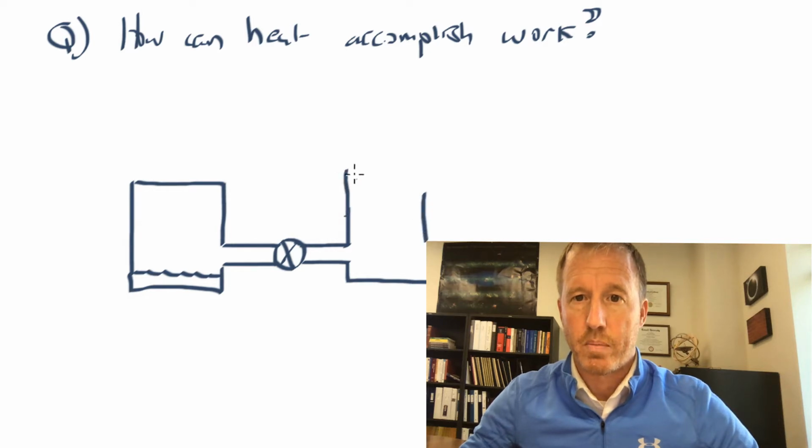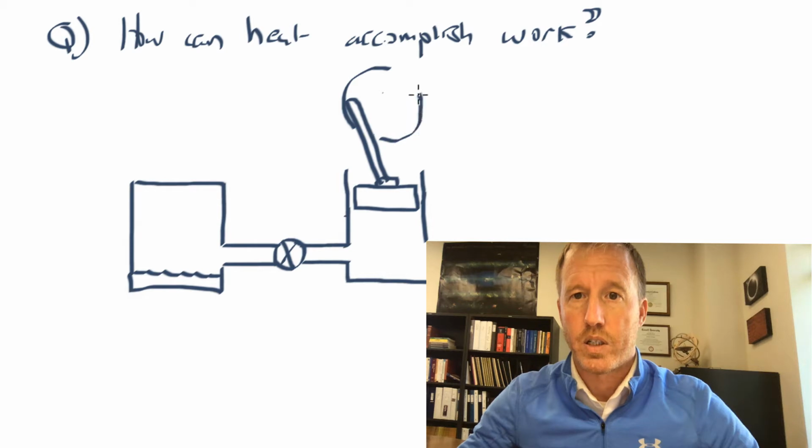So this is a chamber which contains a tightly fitting piston like this, and that piston is attached via some kind of joint to a rod, and this rod is attached to a wheel. Specifically, it's attached to the perimeter of this wheel, and this wheel can turn.